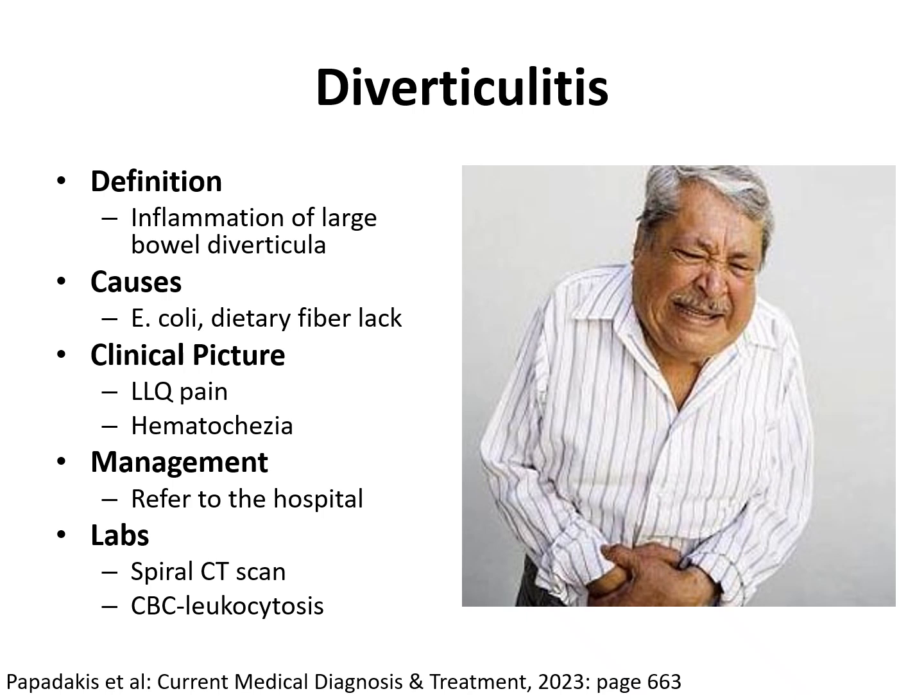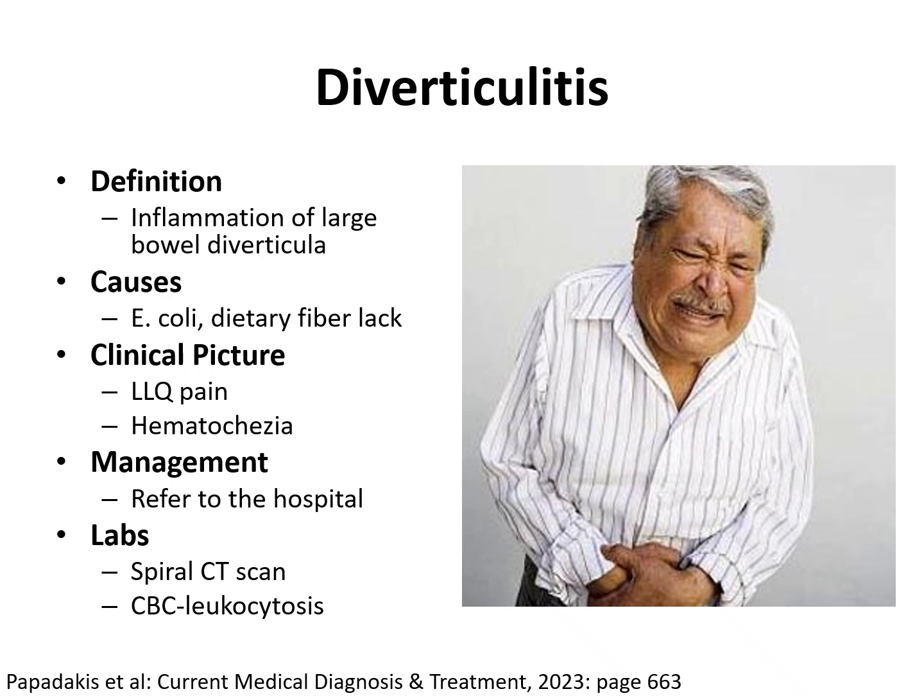Causes of inflammation of these large bowel diverticula would be E. coli, and there's a possible link between lack of dietary fiber, which will predispose the patient to having raised intracolonic pressure, and that raised intracolonic pressure will then cause these herniations that present as diverticula.